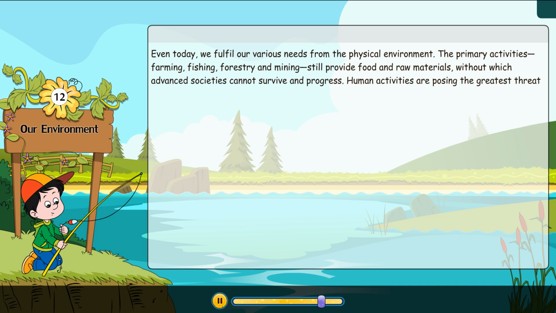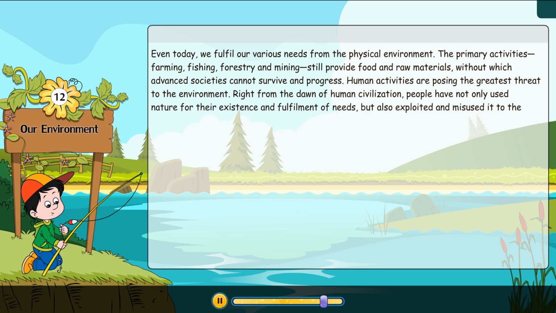Human activities are posing the greatest threat to the environment. Right from the dawn of human civilization, people have not only used nature for their existence and fulfillment of needs, but also exploited and misused it to the greater extent. Thus, they have disturbed the natural balance of the environment.